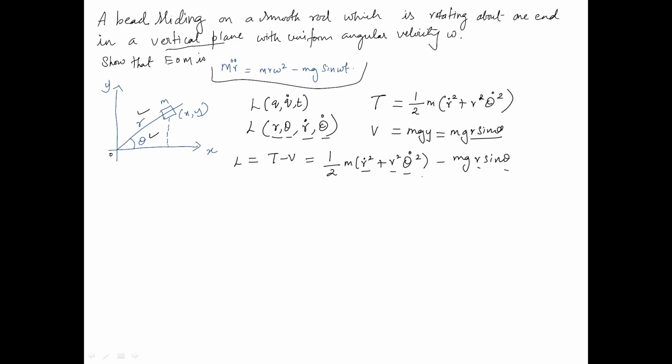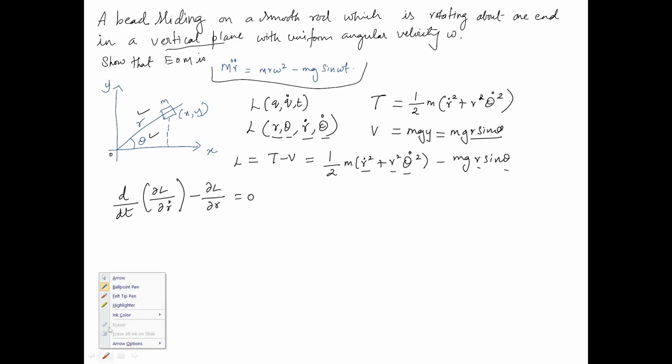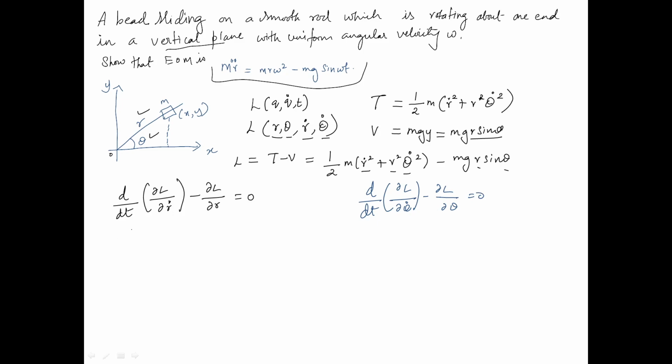So we are able to write the Euler-Lagrange equation for the r coordinate and the theta coordinate separately. The first equation is d by dt of dou L by dou r dot minus dou L by dou r equal to 0. The second one is d by dt of dou L by dou theta dot minus dou L by dou theta equal to 0. First we will solve the r equation.